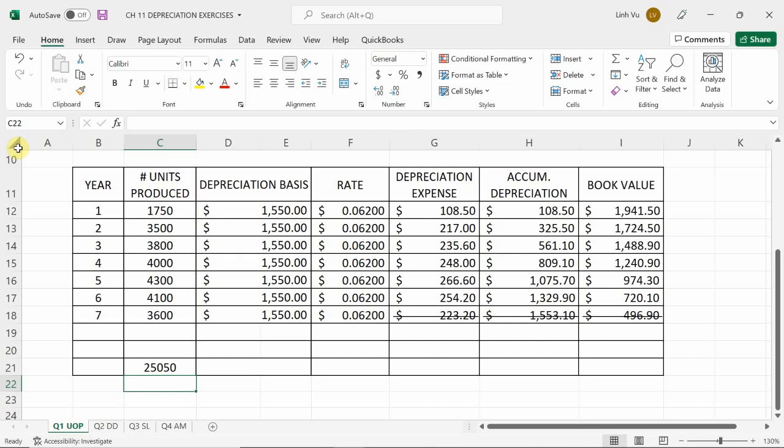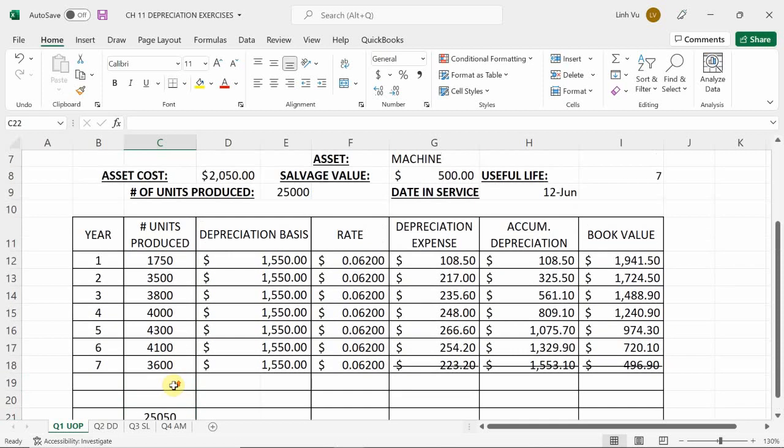So you produced 25,050 units. Is that possible? We need to do more, right? What's the maximum you can make? The maximum is 25,000. You made 25,050 units.